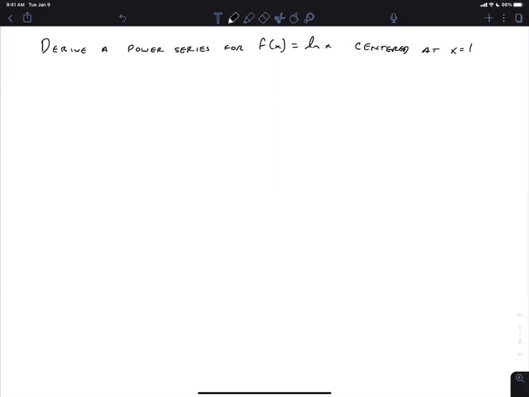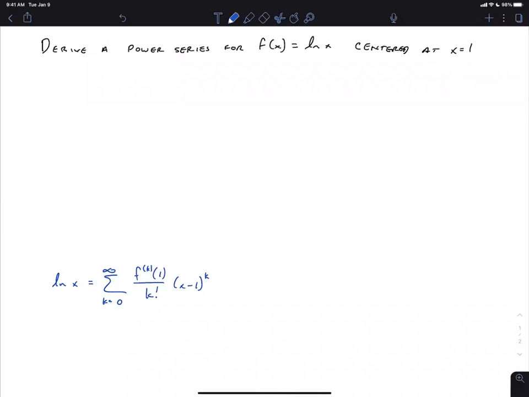So what we said yesterday is that the form for the power series, if we've got a series that's equal to natural log x, would be the sum k equals 0 to infinity f^(k) of the center, being 1, over k factorial times x minus the center to the k, so x minus 1 to the k.